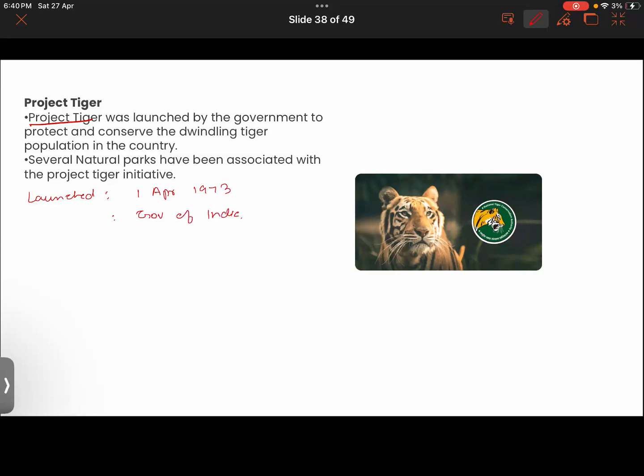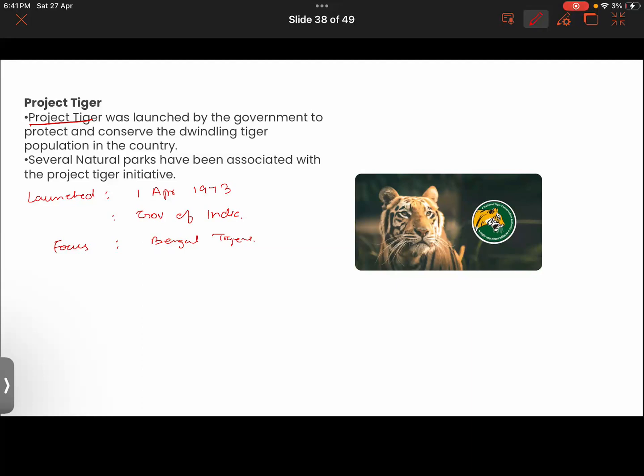So this was a tiger conservation program which aimed at ensuring a viable population of tigers, particularly the Bengal tigers. Our main focus was to conserve the population of Bengal tigers. And it's not like you would be conserving them in a zoo.